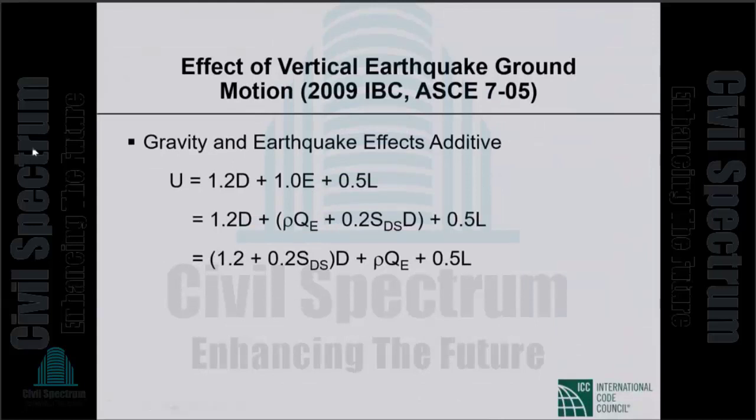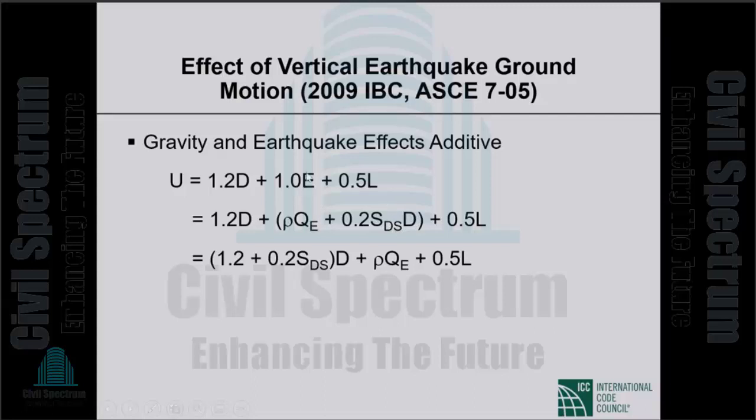Now, in the additive seismic load combination, 1.2 dead, 0.5 live, 1.0 E, the earthquake effect E is taken as the horizontal earthquake effect Q sub E amplified by a redundancy factor rho, and then added to that is a vertical earthquake effect, which is taken as 0.2 S sub ds, short period design spectral acceleration, times the design dead load.